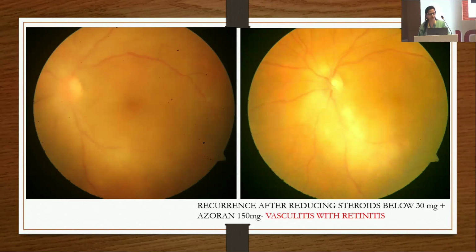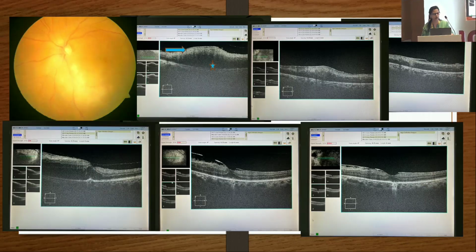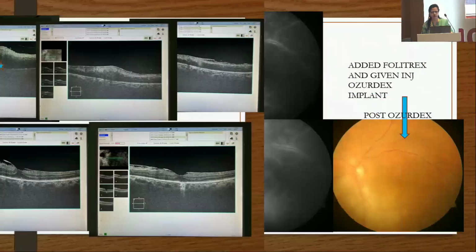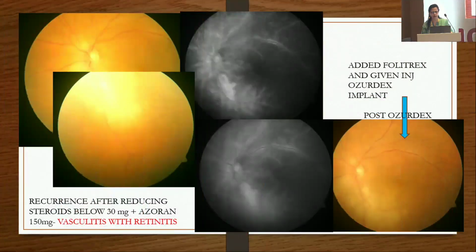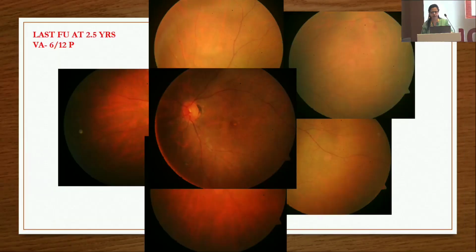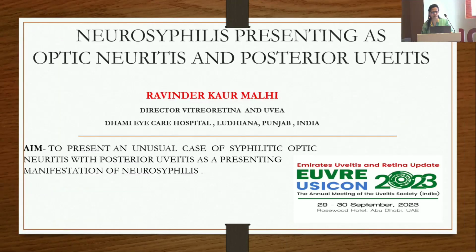This patient of Behçet's on follow-up started worsening, with this area of whitish retina, and OCT passing through this area showed hyperreflective inner retinal layers suggestive of retinitis. So the immunosuppression was hiked up, and intravitreal DEXA was given, and she improved to this level.